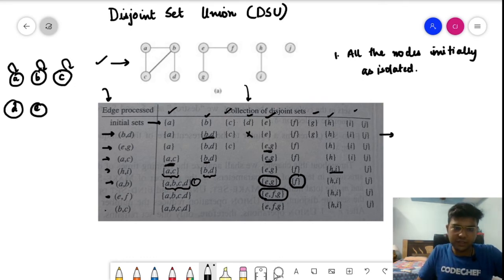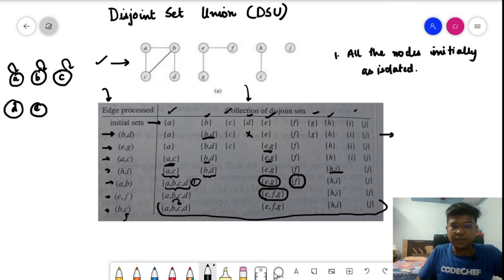Now the last edge that we have is B and C. B and C are already associated with each other in this component, so we are not doing anything. They are not a part of different components. Since they are part of the same component, that's why we will not do anything. So after adding this edge, this is our end result.